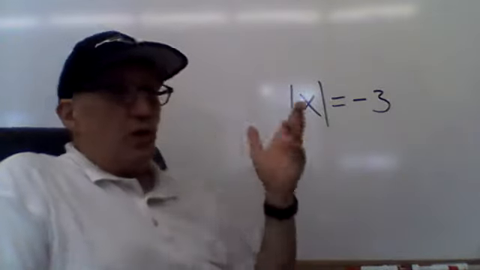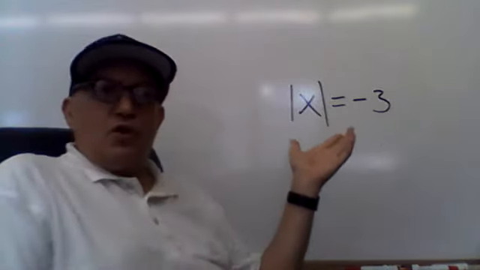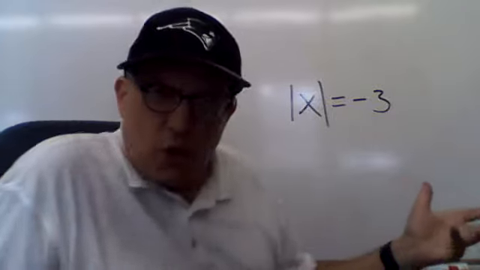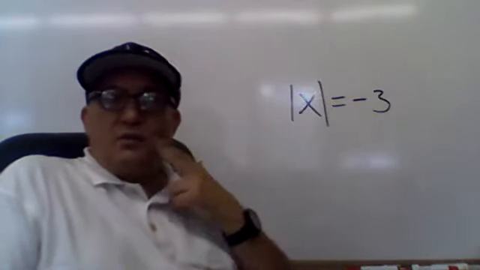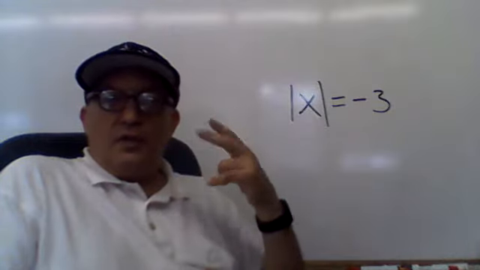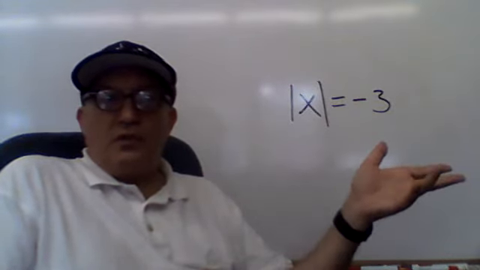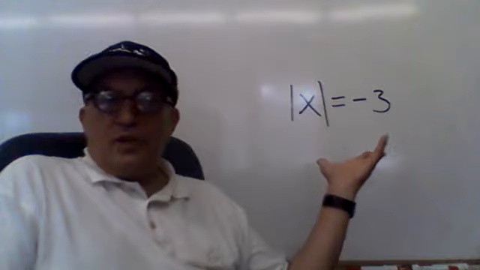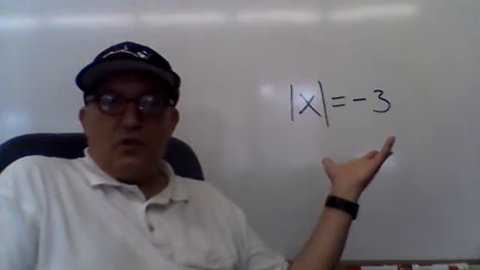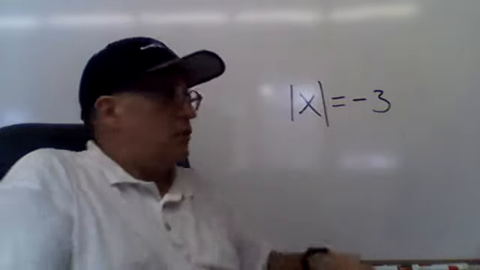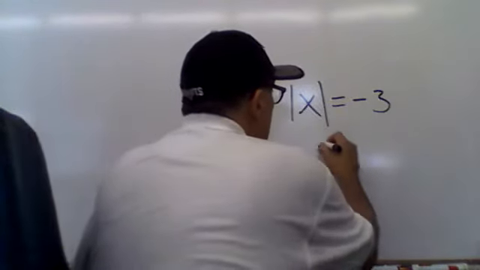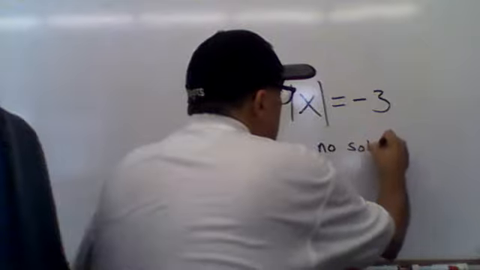This is asking you the question, identify the numbers that are -3 units away from 0. There's no such thing as -3 units. Distance is always 0 or positive. So this equation has no solution. There's no number that's -3 units away from 0. No solution.